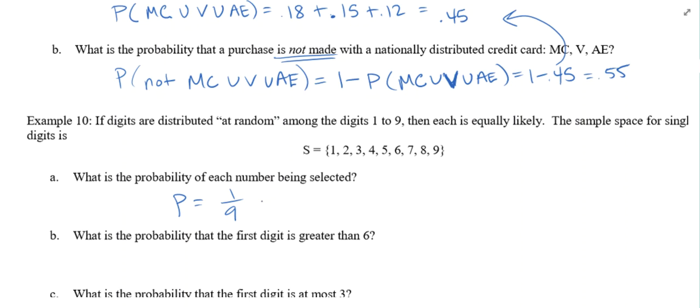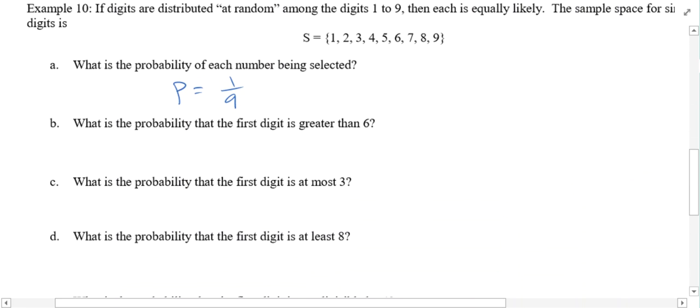You don't have to write it as a decimal. Okay, unless you're doing a calculation, then go ahead and solve it, but fractions are good. All right, what's the probability that the first digit, so any digit, is greater than 6? Okay, so greater than 6, how many are there? There's 3 of the 9, which is 1/3, or 0.33.